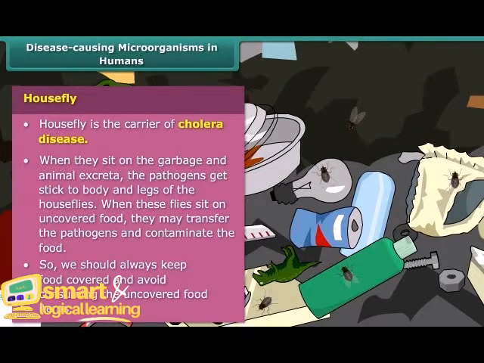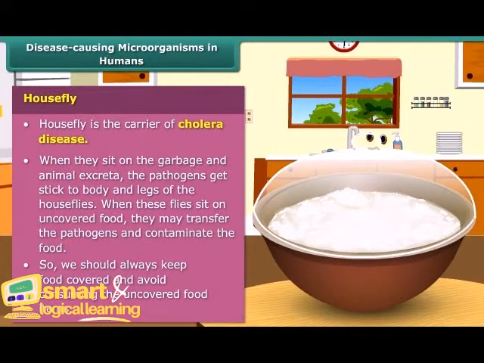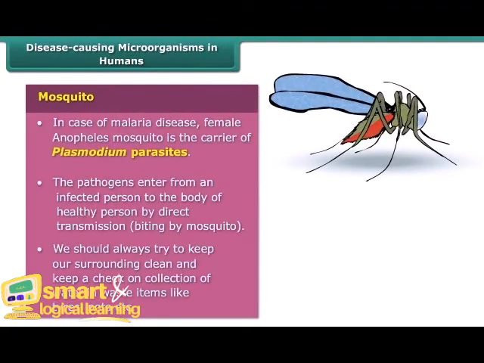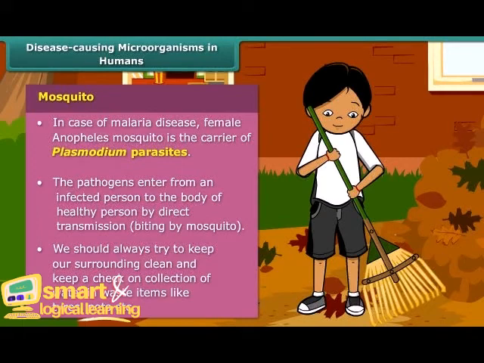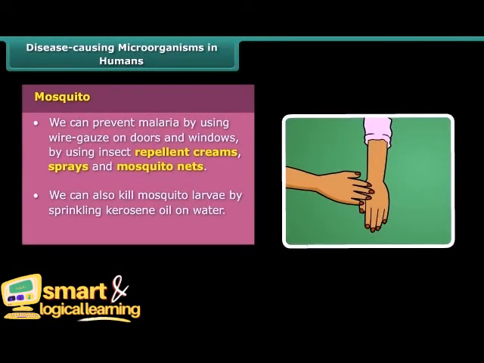To prevent cholera, we should always keep food covered and avoid consuming uncovered food items. In malaria, the female Anopheles mosquito is the carrier of Plasmodium parasites. We should use repellent creams, sprays, and mosquito nets to prevent malaria.